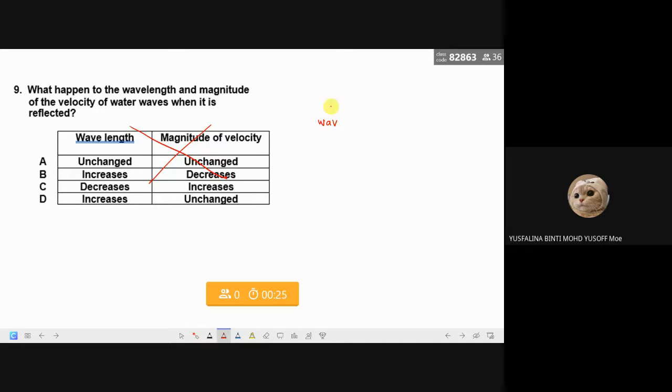Magnitude or velocity? You can choose A, B, C, or D. If you put the magnitude, it can be. If you put the velocity, then it's wrong, because velocity will change.